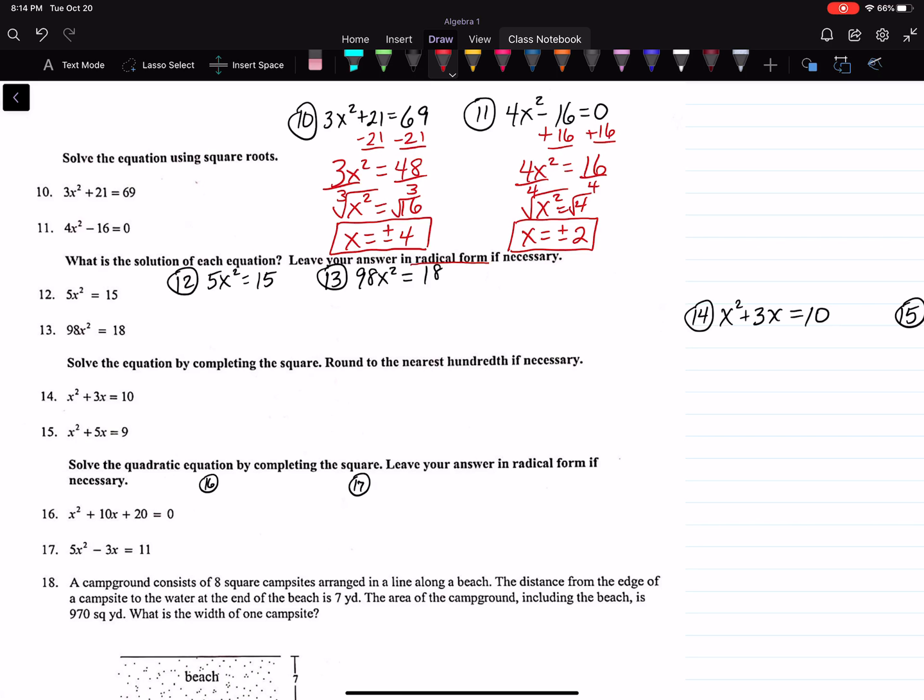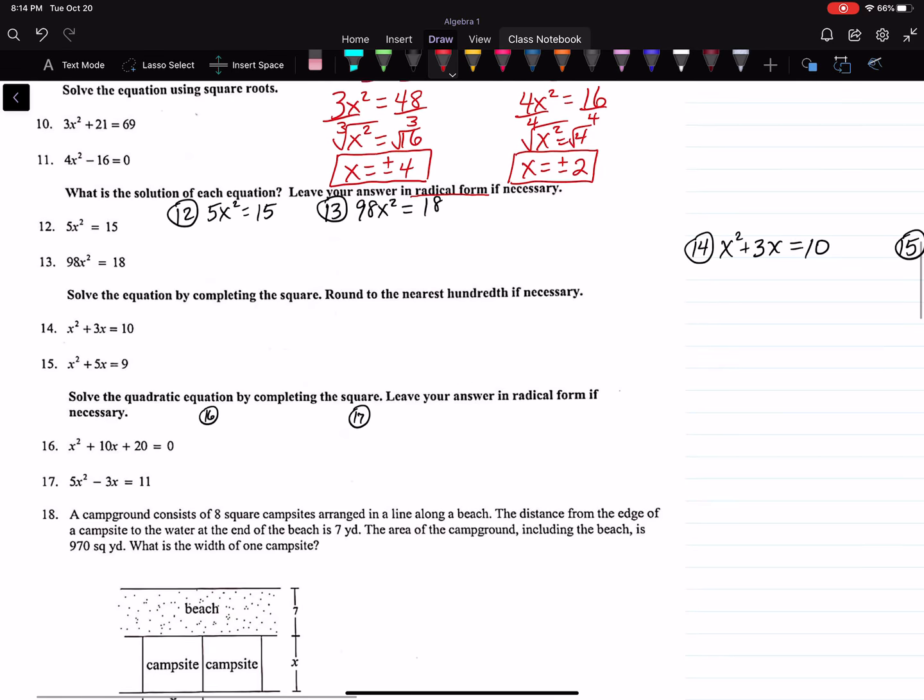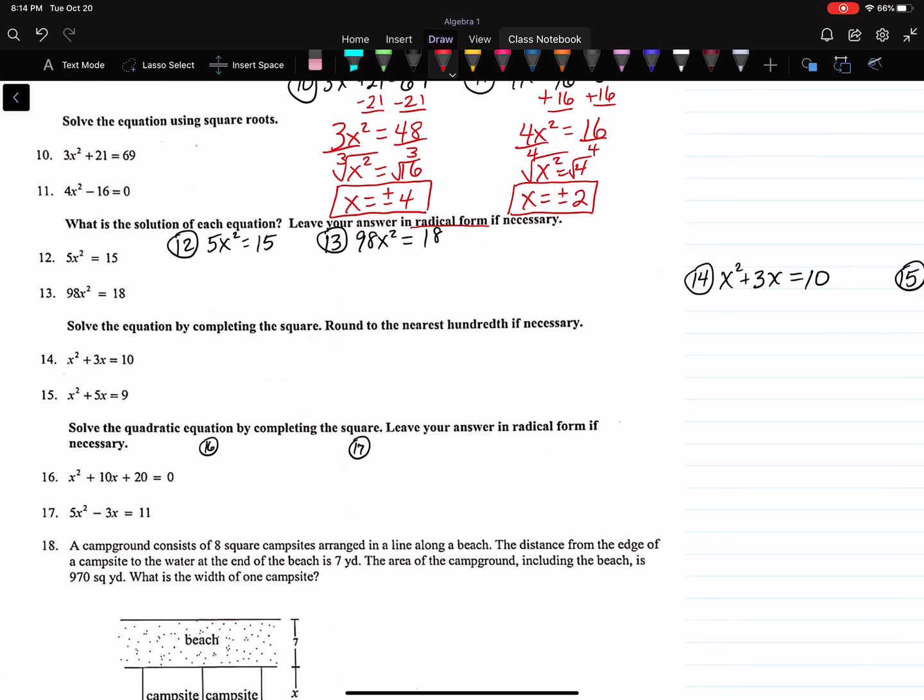The thing with leaving it in radical form, I probably wouldn't try graphing, because graphing might not give it to you in radical form. It might, but it might not. So let's see here. 12 and 13, I'm actually just going to work them just like I did 10 and 11. I'm just not going to worry about getting a decimal if I need one.